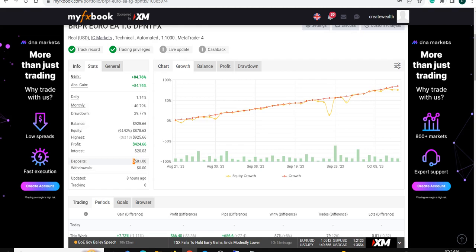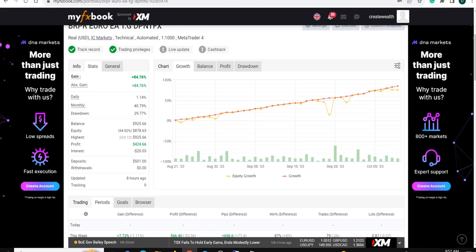If you increase it to 1000, then you can probably halve the drawdown. So the monthly return could be around 20%, not exactly 20.5, but around that.